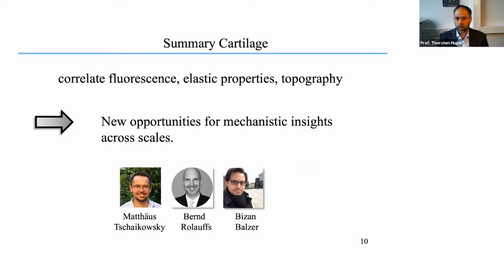And now we can really ask the question, what is the reason for this loss in elastic properties? Probably the collagen network. And as Matthäus already told you, we are now trying to stain different collagen types to really get at the mechanism of this osteoarthritis.